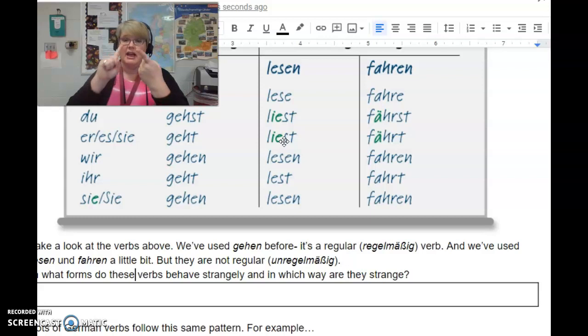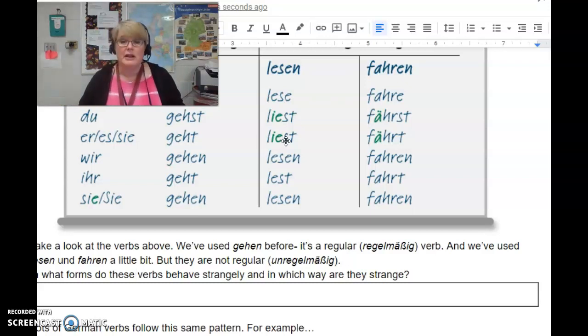Two questions here. How do we know that it's a stem vowel changing verb? You have to memorize them. There's no logic to it. I can't say if they're like this, they always are. They just are. Okay? So you have to memorize them, first of all, that they are a stem vowel changing verb. So once you know it's a stem vowel changing verb, how are you going to know how the stem vowel changes?